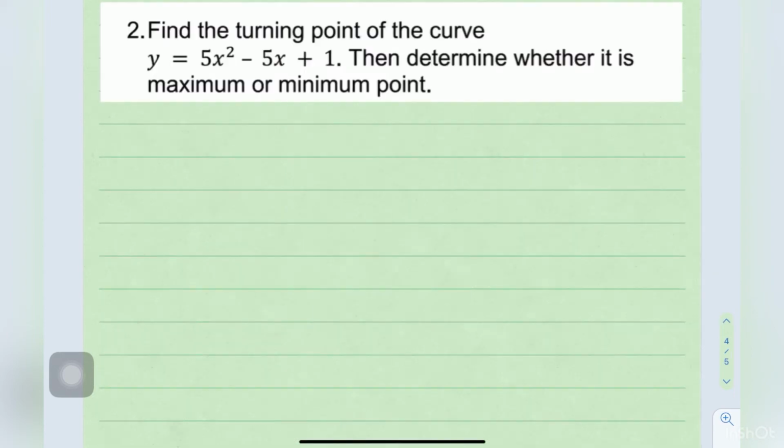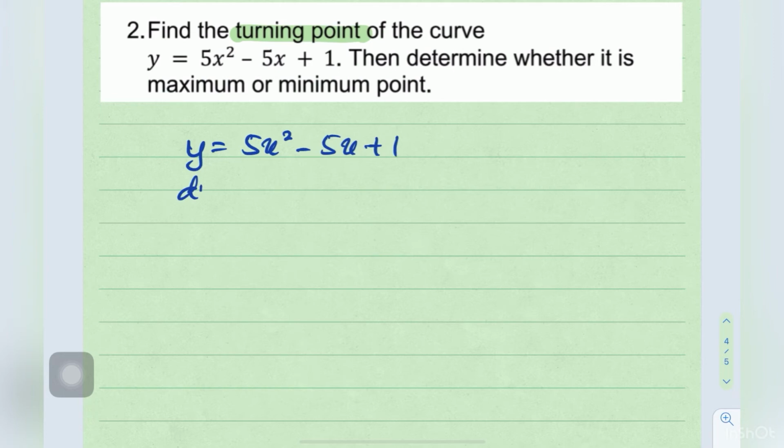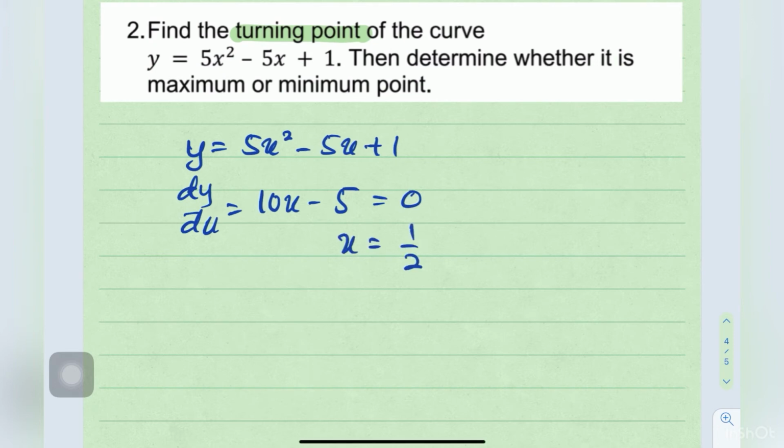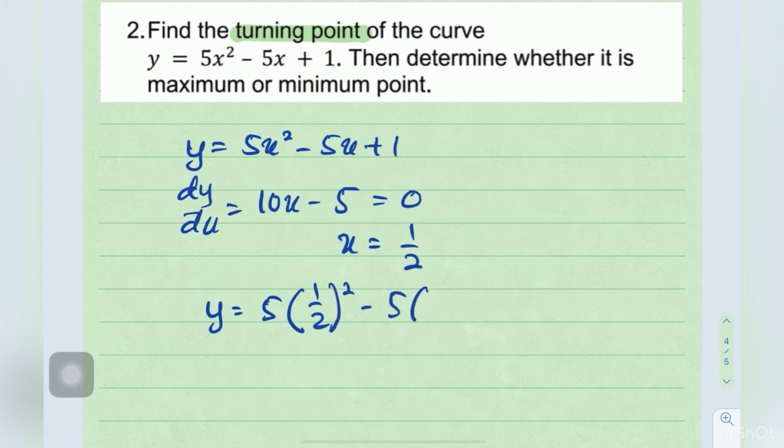Number 2, find the turning point, where dy/dx equals 0, for y equals 5x squared minus 5x plus 1. So dy/dx is 10x minus 5 equals 0, so x equals 1/2. Find the value of y: substitute x equals 1/2, 5 times (1/2) squared minus 5 times 1/2 plus 1.